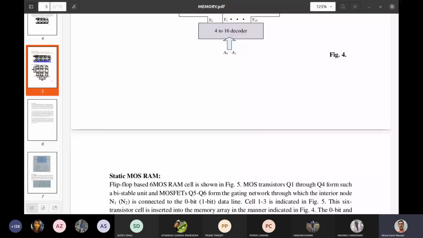The single-transistor dynamic RAM is costly compared to a ROM. But the specific ROM used for cache memory is relatively more costly compared to your RAM. But in general, dynamic RAM is costly compared to your ROM.